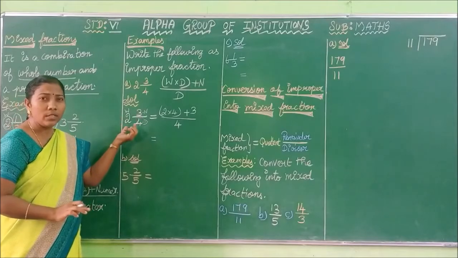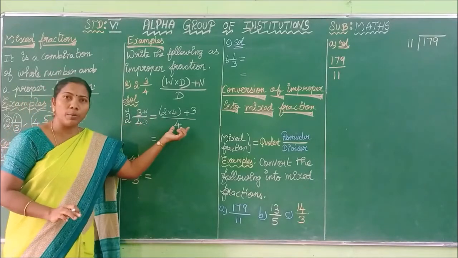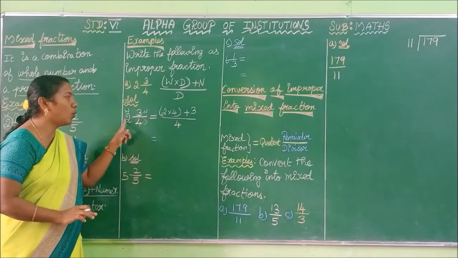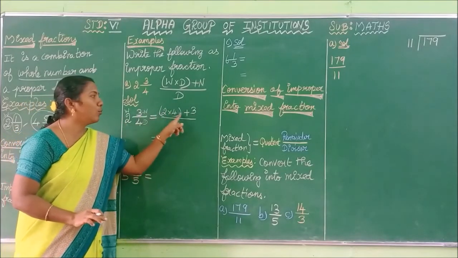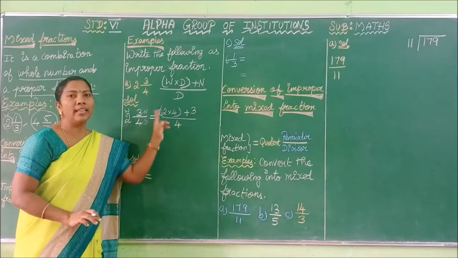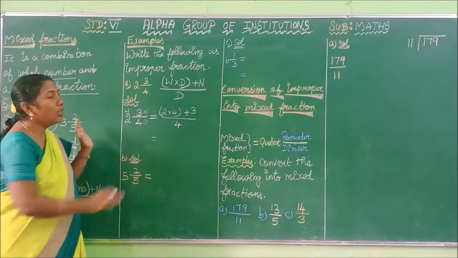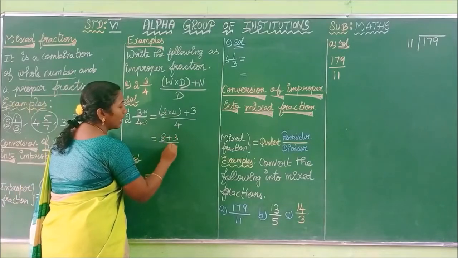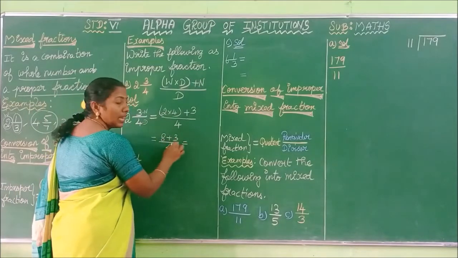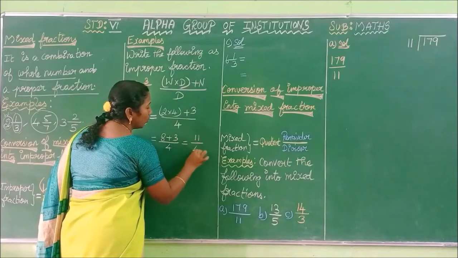Now we are going to convert this mixed fraction into improper fraction. For that you have to multiply the whole part with denominator and then you have to add the numerator. So 2 into 4 plus 3, whole divided by the denominator as it is, 4. Do you understand? So 4 2s are 8, plus 3 by 4. 8 plus 3 is 11. So 11 by 4.